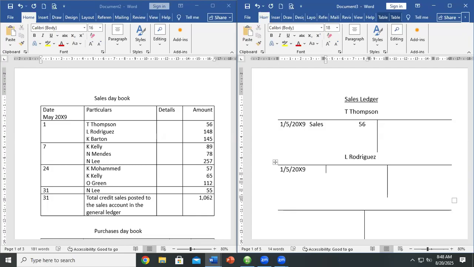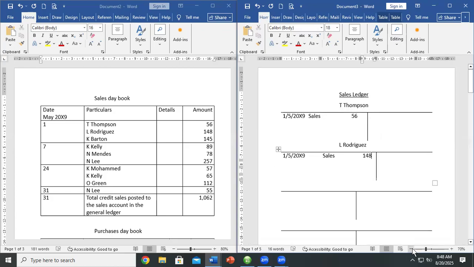The narration will be sales again, and we put in the amount 148. So that's all that you do when you open the account in the ledger. The next person we have is K. Barton.